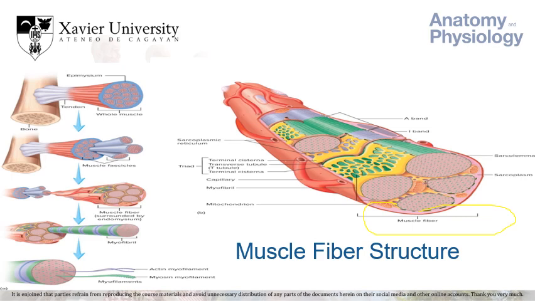The sarcoplasmic reticulum has a relatively high concentration of calcium ion, which plays a major role in muscle contraction. The cytoplasm of a muscle fiber is called the sarcoplasm, which contains many bundles of protein filaments. Bundles of protein filaments are called myofibrils, and these myofibrils consist of myofilaments, the actin and the myosin.